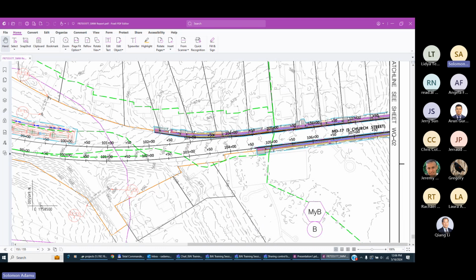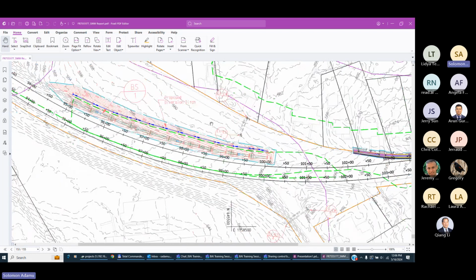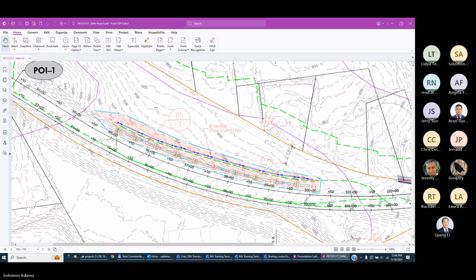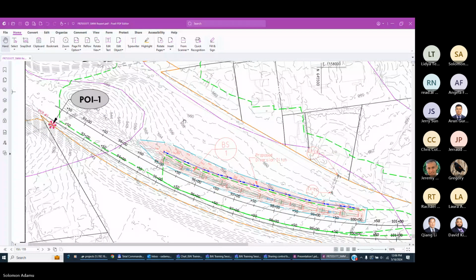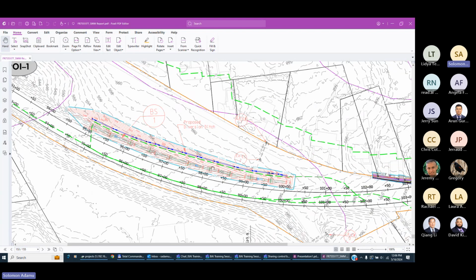we're going to find out at which location the concentrated flow or sheet flow leaves the work area. So for this LOD, we defined this pipe to be the outfall of the entire drainage area, because we need to cover each LOD within a drainage area.